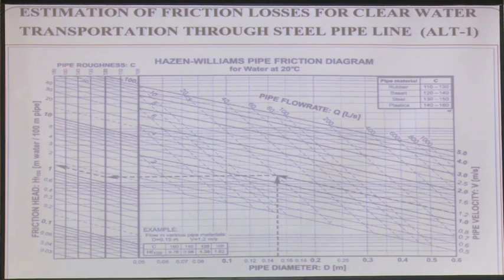Now, for us, for the clear water, the industry standard is C equal to 140. Hazen-Williams constant C equal to 140. So, in fact, we should have come to this level straight and then go there. Okay? Somebody is using 120; rubber 110, 130, basalt 120 to 140, steel 130 to 150, plastic 140 to 160.